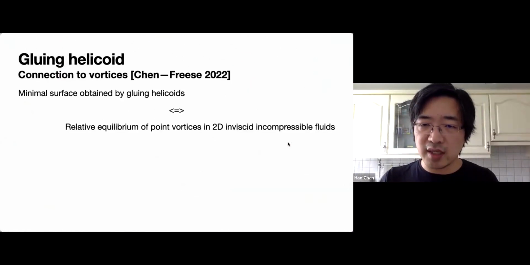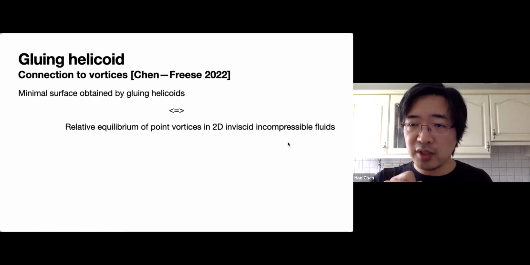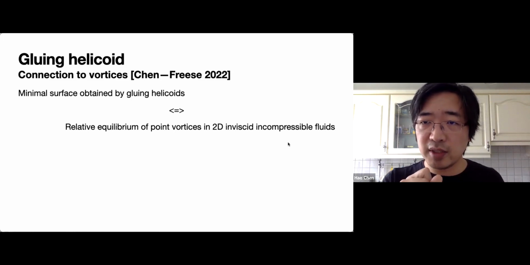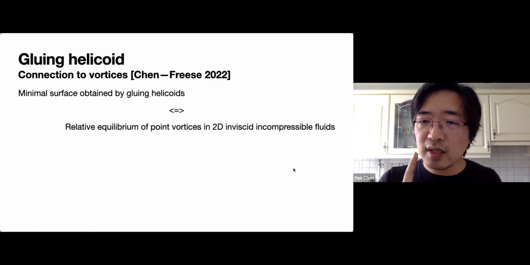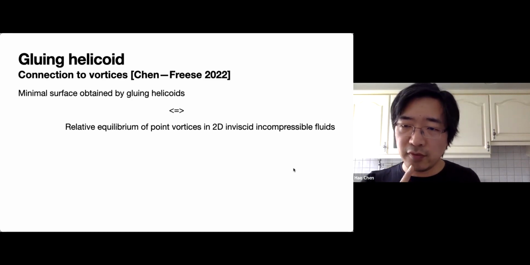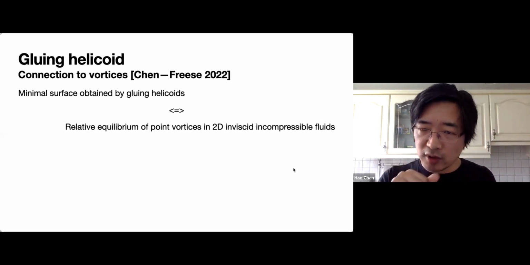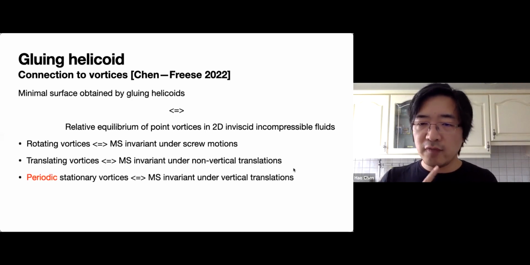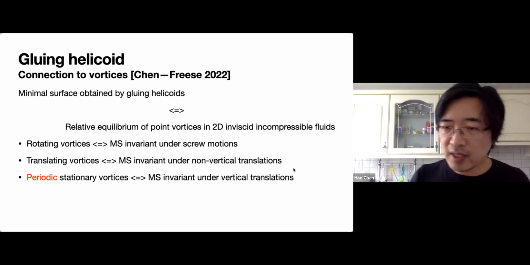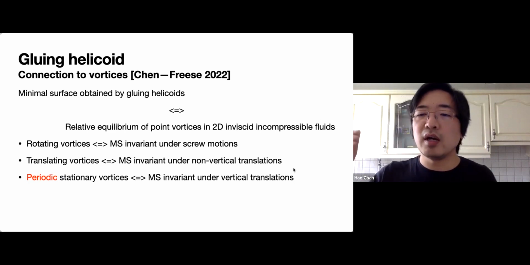And our connection is that it turns out when we glue helicoids into minimal surfaces, the positions of the helicoids in the node limit must correspond to point vortices in two-dimensional fluids that are in relative equilibrium. This means that the vortices move together as a rigid body. More specifically, when the vortices are rotating as a rigid body, the same configuration of helicoids gives rise to a minimal surface invariant under screw motions.